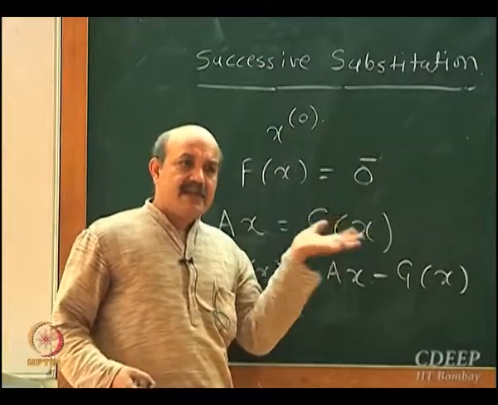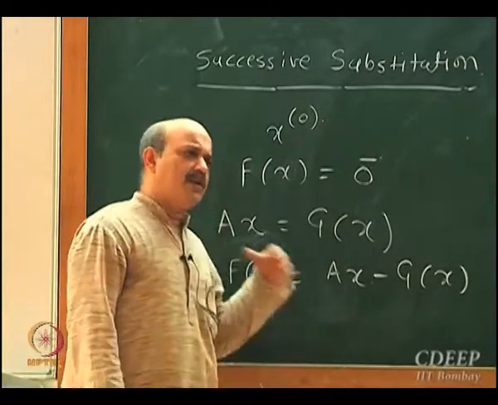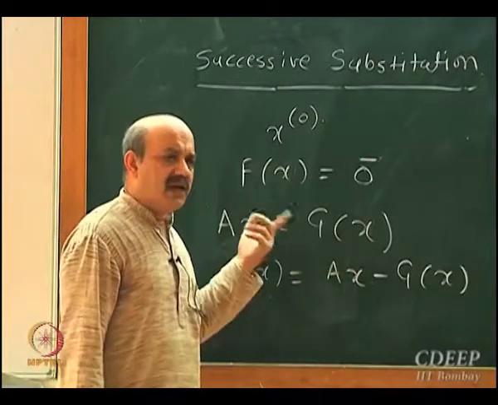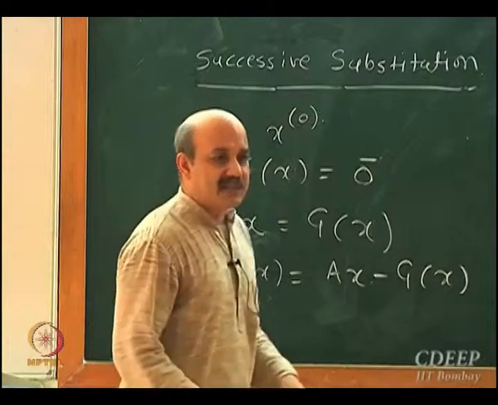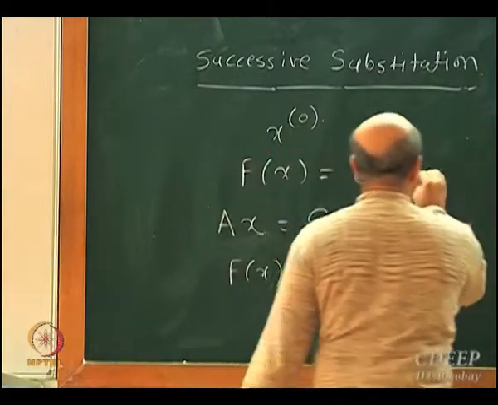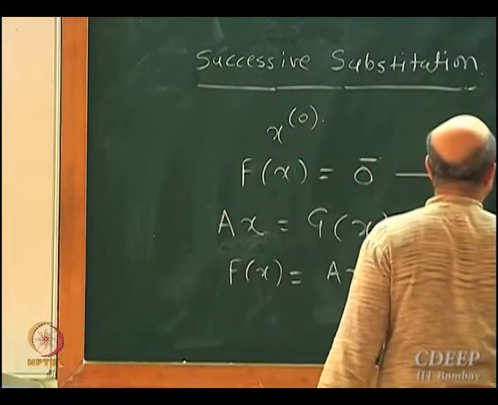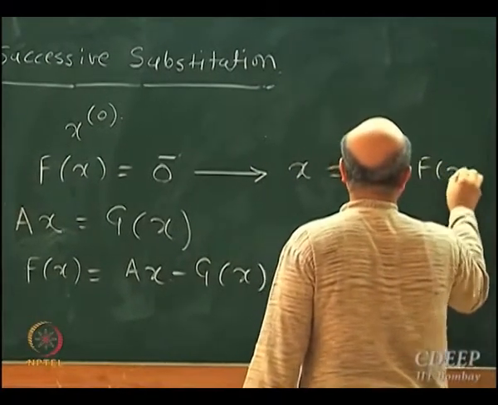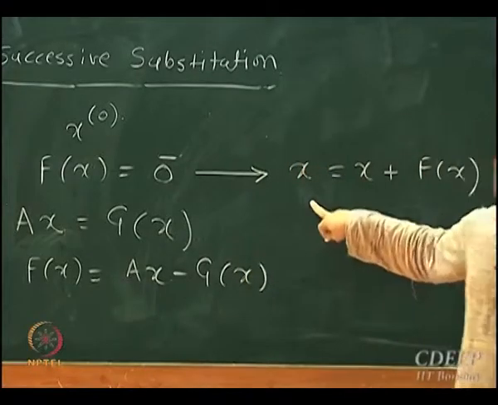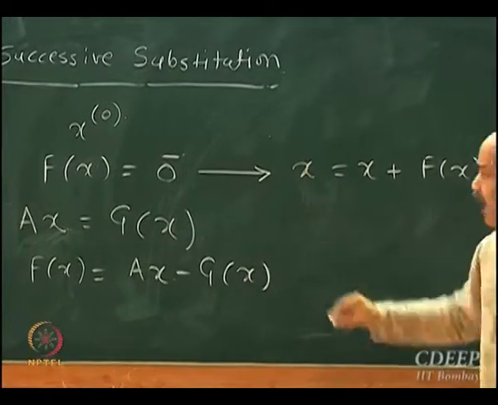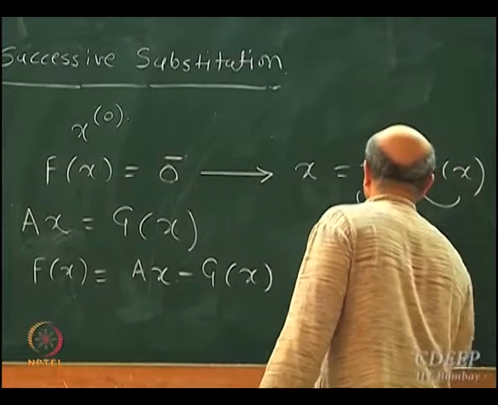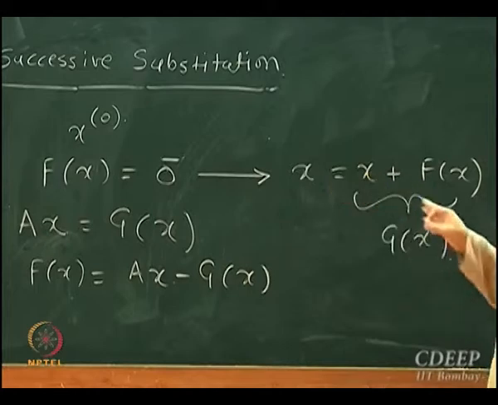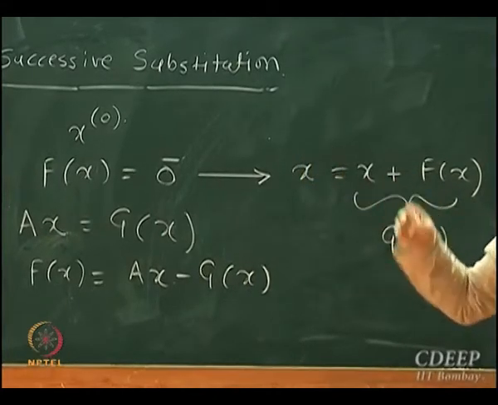In some cases like the tubular reactor with axial mixing, or some other PDEs, you might get naturally this kind of a form. Another way of creating this form is to just add x on both sides. If I add x on both sides and call this g of x, then x is equal to g of x.